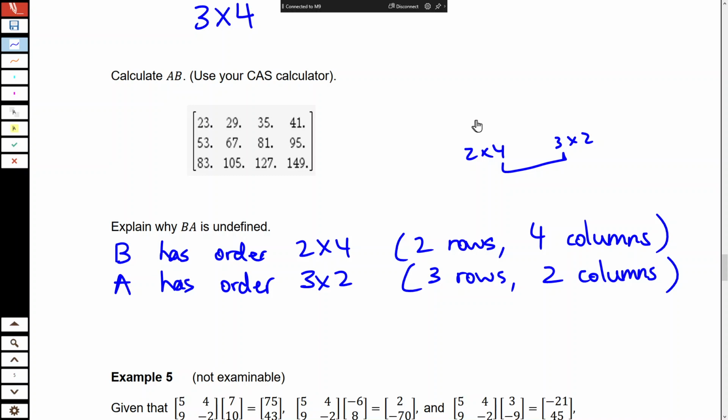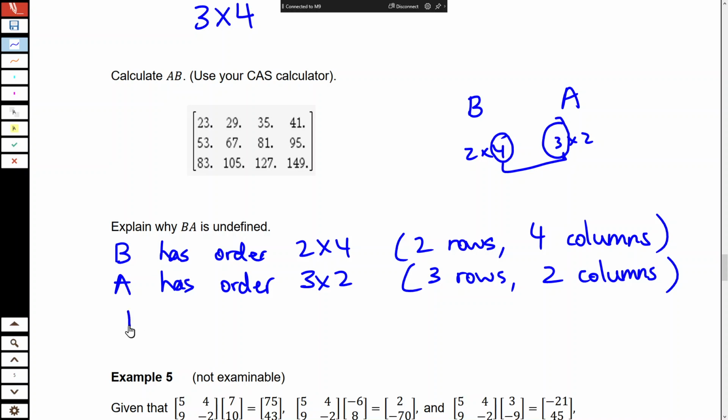So this is B. B is a 2 by 4 matrix, and A is a 3 by 2 matrix. So to be very, very specific, I need the number of columns in B to be the same as the number of rows in A.